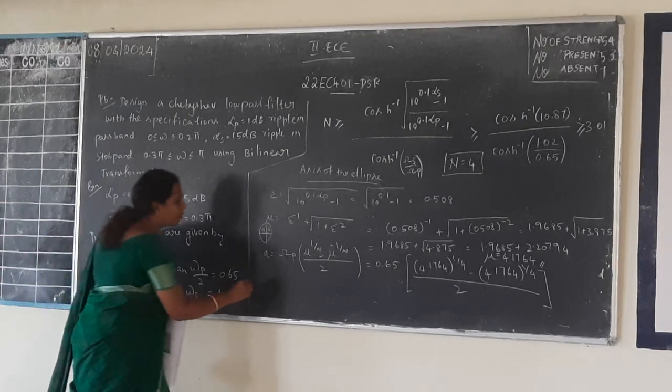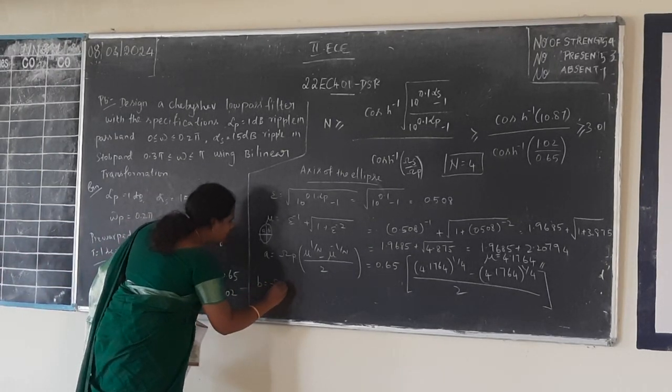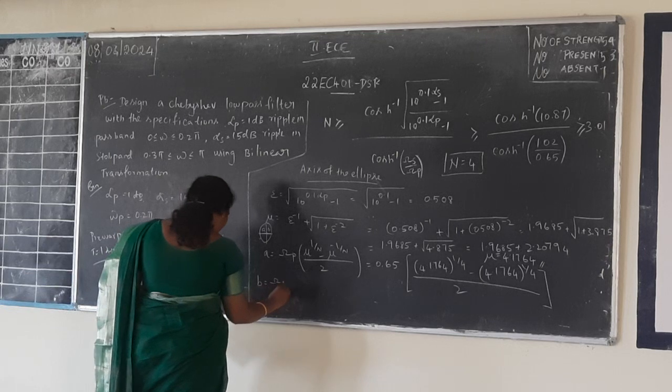And we have to find out the B value also. B is equal to omega suffix p.